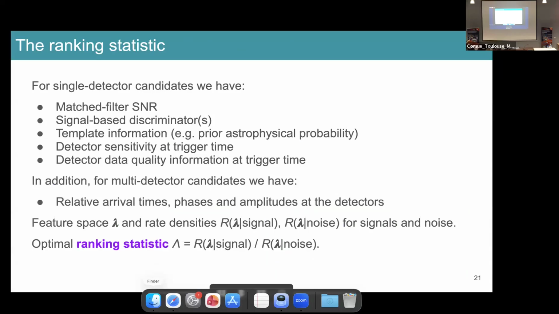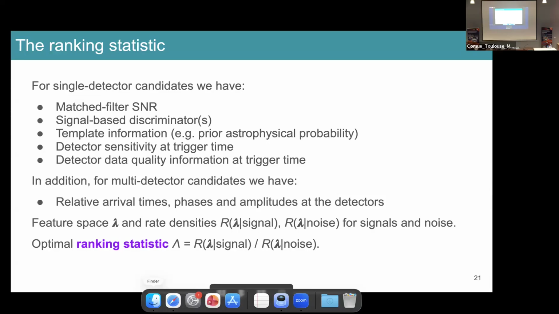So we have the matched filter SNR, the chi-square test, the information about the template, and we can add some priors to this. For example, if we think that equal mass CBCs are more favored than asymmetric CBCs, we can use this information at this point. We have the detector sensitivity at the time of the trigger and the data quality information from Francesco. And we can use this to our benefit in deciding if we have a detection or not.